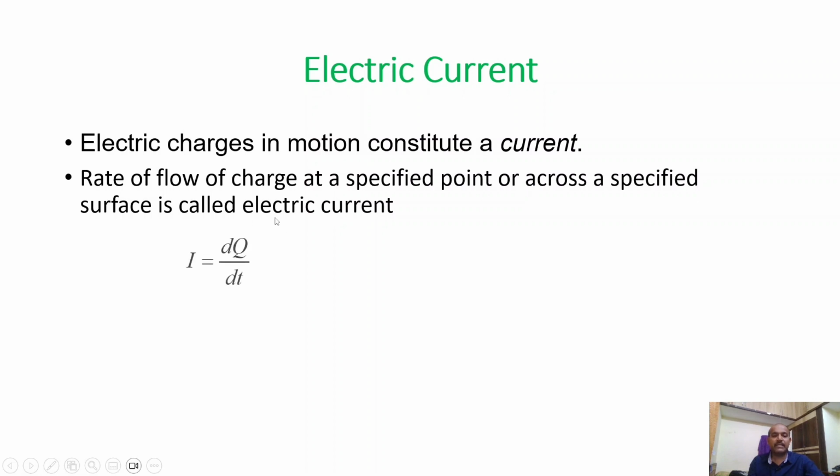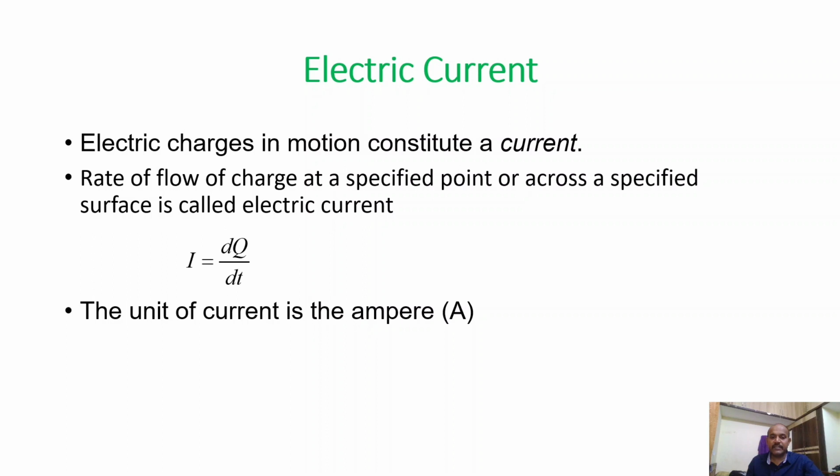Mathematically, I can represent this definition as current equals the rate of flow of charge with respect to time, that is dq by dt. We represent electric current in terms of amperes.